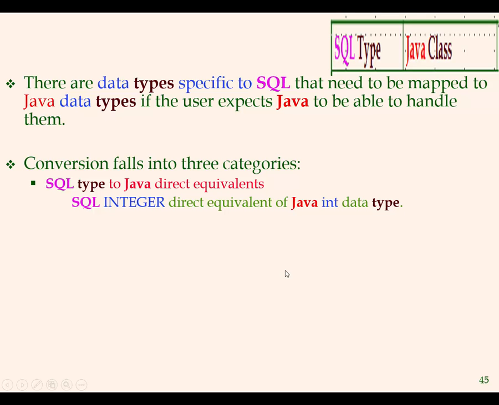So let's look at the different data types. So this is SQL, and here is Java. You'll see that in Java, they actually created all the SQL data types. So let's see how we map SQL types to the Java types. So the SQL integer is directly mapped to Java int.